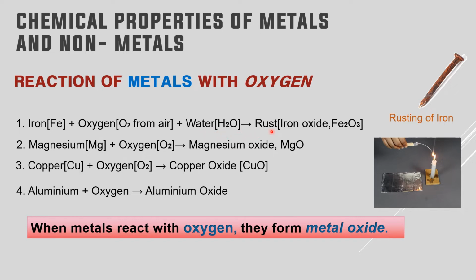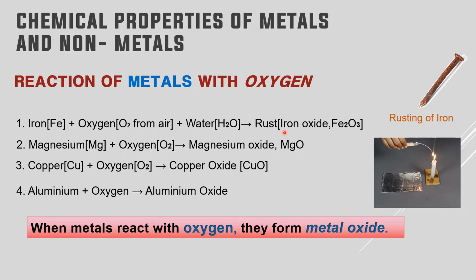And we studied last year how we can protect iron from rust by painting or applying oil. So rust is formed by this reaction: iron plus oxygen from air plus water gives rust.